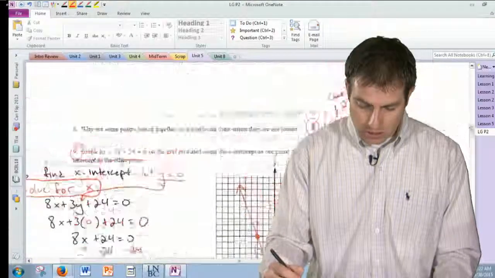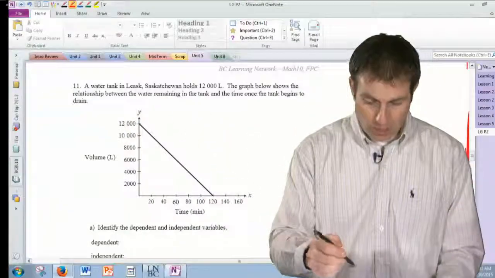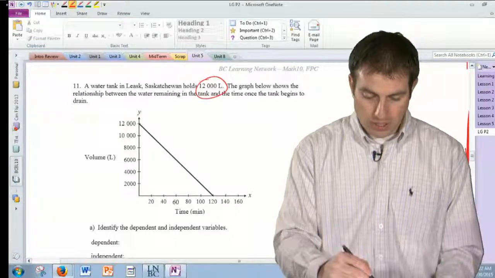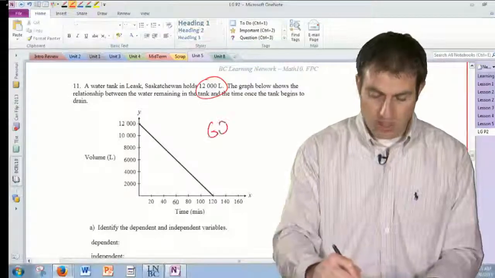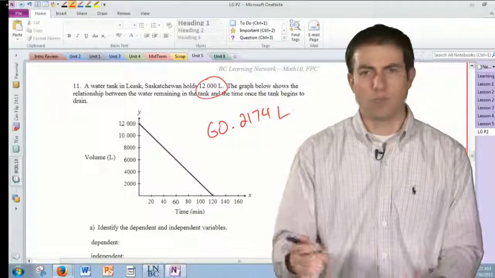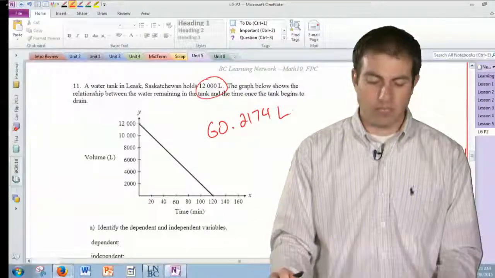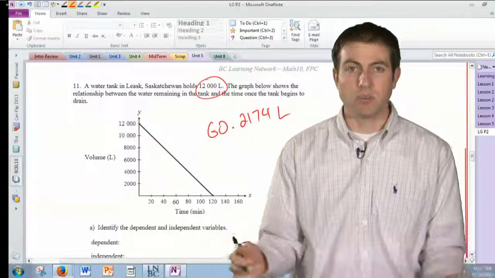Whereas a question like this one here, wherever my water one went, a water tank holds 12,000 liters, and then this is how much water is in the tank per liter or per time. So the water is emptying out of the tank. Could you have 60.2174 liters? Sure, you could. I doubt you'd have anything that would accurately measure that, but you could conceivably have that.